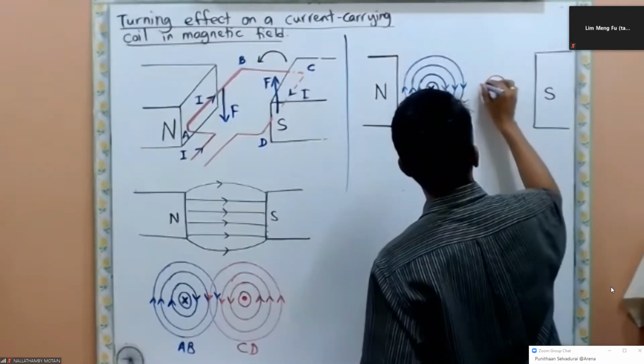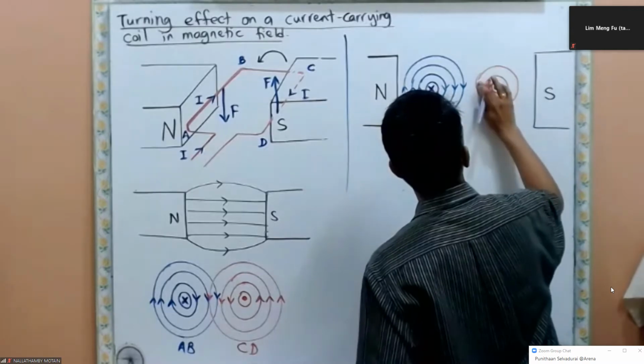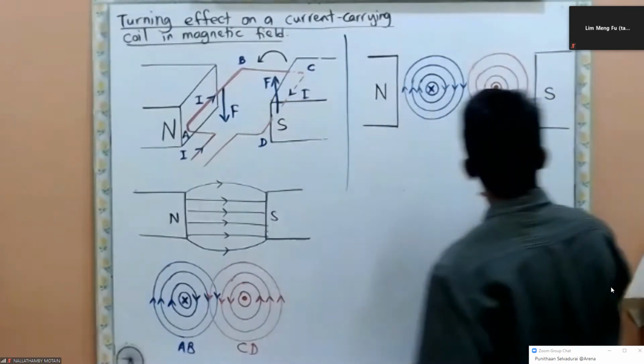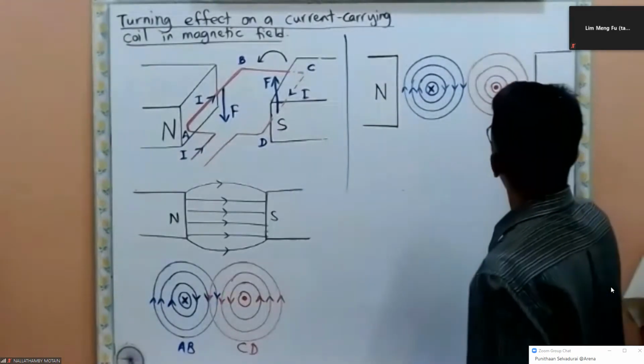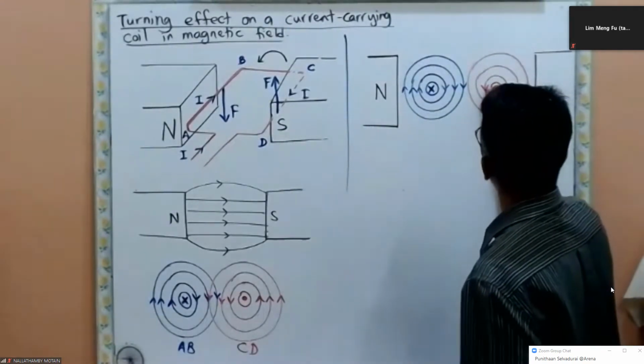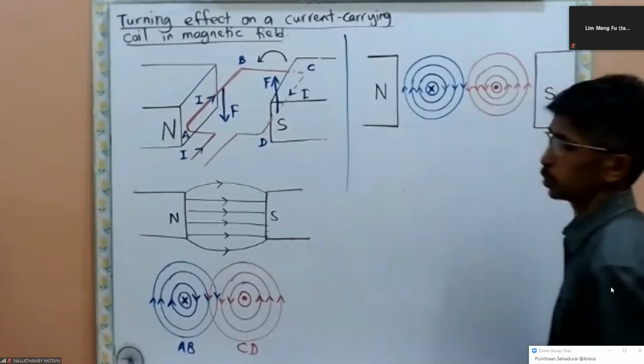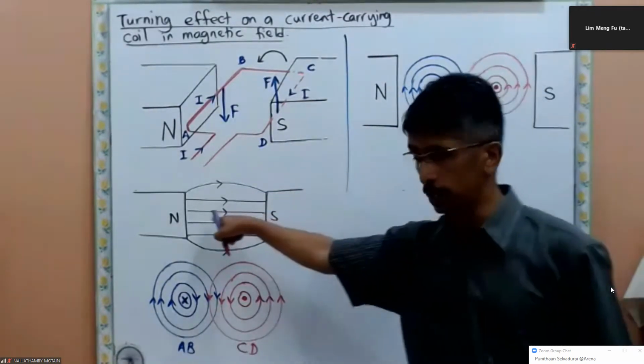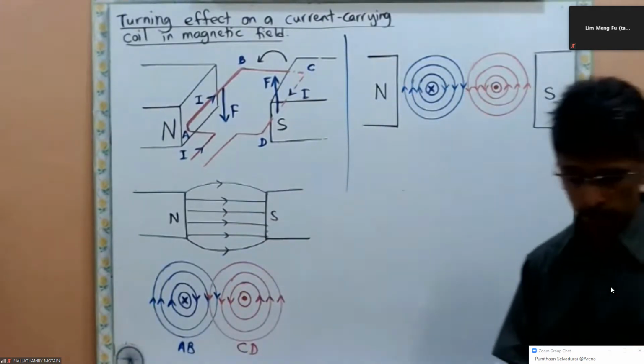Magnetic field will be in the anti-clockwise direction. So what I did, I copied this and placed it in between the magnetic field of the permanent magnet.